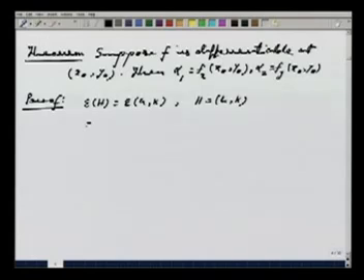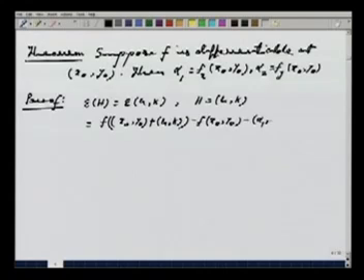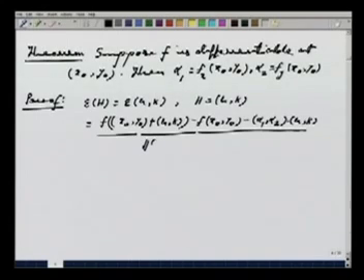This is f of x naught y naught plus hk, minus f of x naught y naught, minus alpha 1 alpha 2 dot hk, divided by the norm of hk.